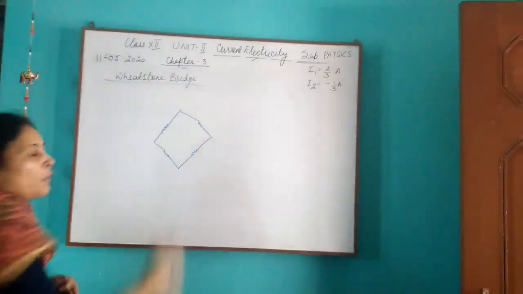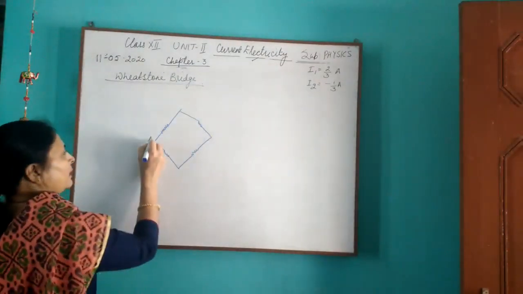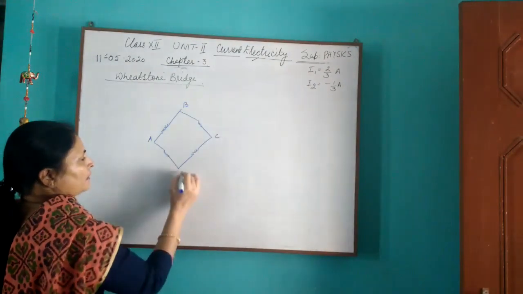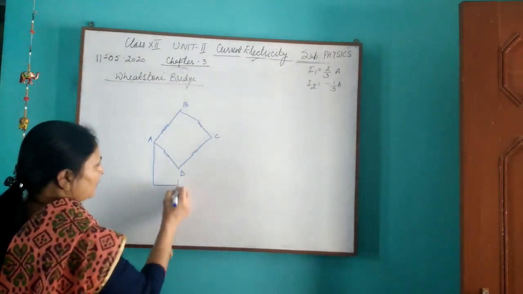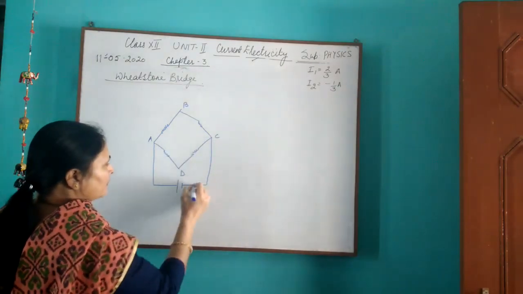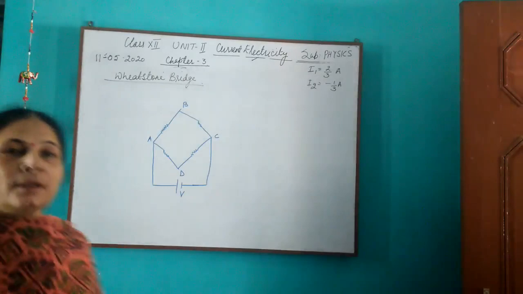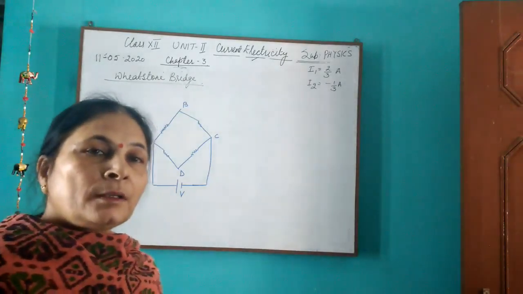It is an arrangement of 4 resistors like this, in which, across one of the diagonals, let us name the points A, B, C and D, a cell or a battery, or you can say a source of potential difference, is connected.